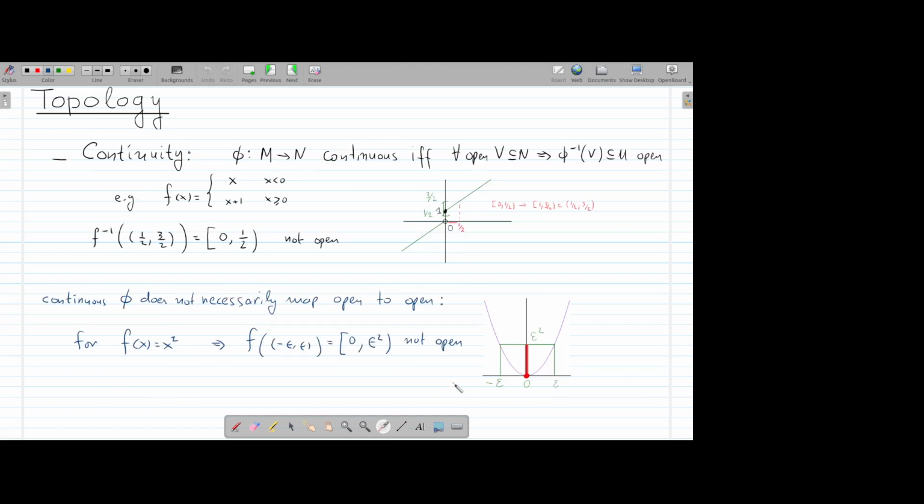The notion of continuity is central and arises from the topological structure of the topological space. So if you have two topological spaces, M and N, and a map phi that maps M into N, then the map phi is continuous if and only if every open subset of N has an inverse image with respect to phi in M which is open.